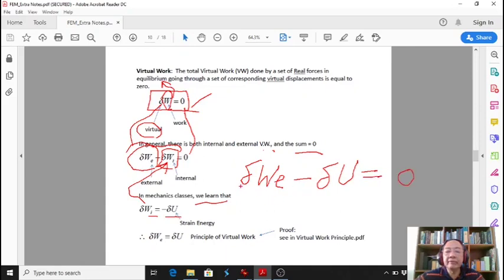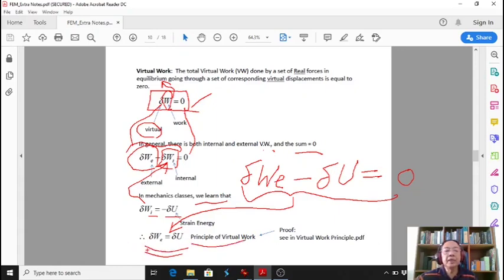So from this equation we get that virtual work external is equal to virtual strain energy. This is the principle of virtual work, and if this is true, the structure is in equilibrium.